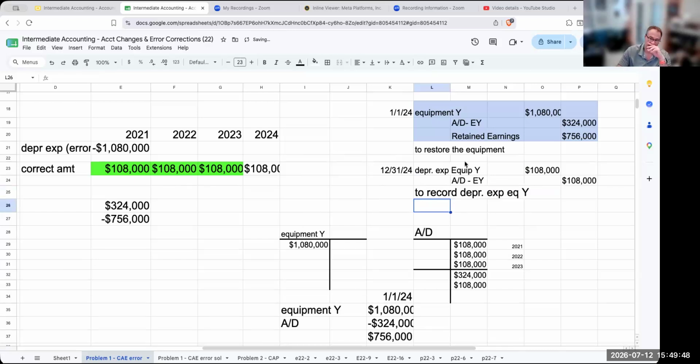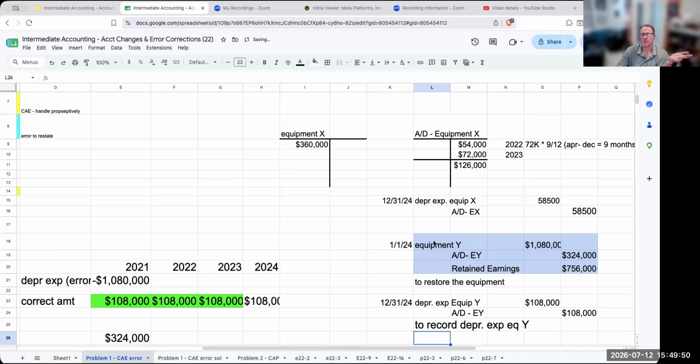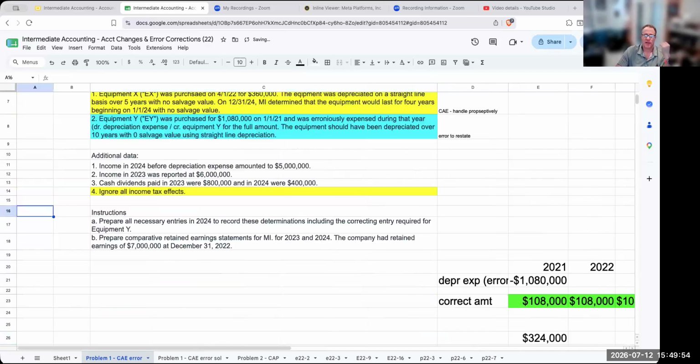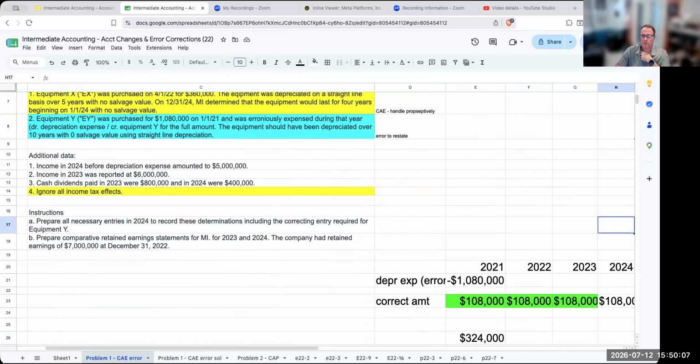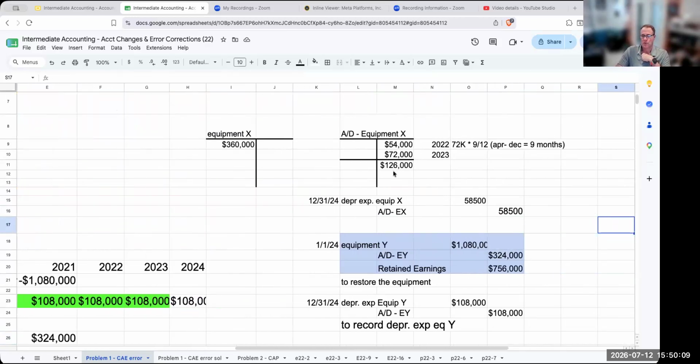Okay, so let's again go ahead and take a look at these two examples. What we're being asked to do is prepare the entries in 2024 to record these determinations, including the correcting entry required for equipment Y. So equipment X, we basically handled this prospectively.